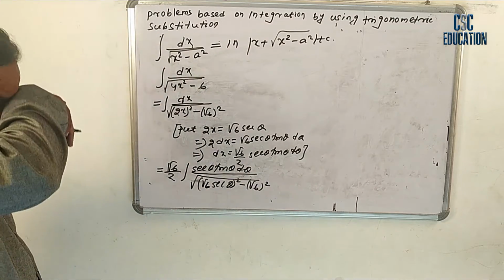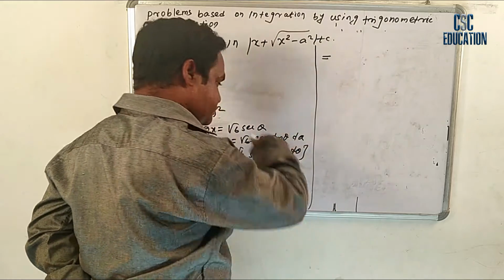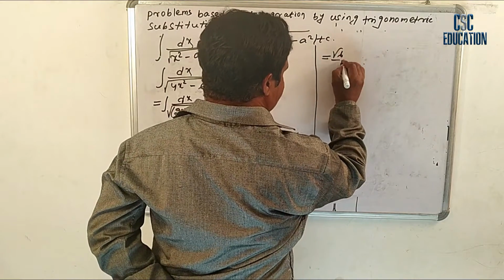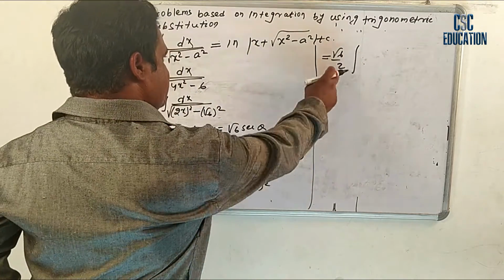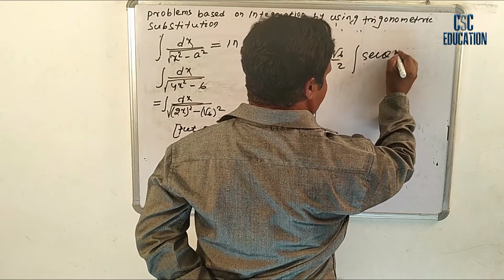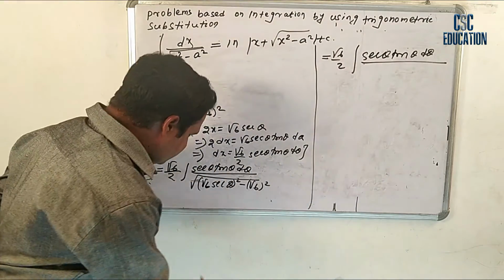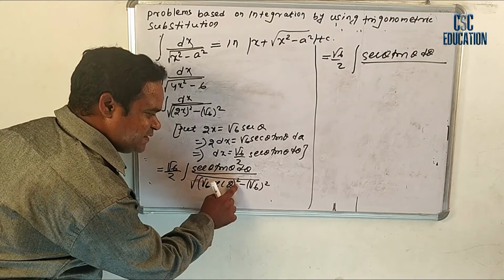Now this value equals root 6 by 2, the root over factor, root 6 by 2, now sec theta tan theta d theta. Now here converted: root 6 whole square, sec square theta.